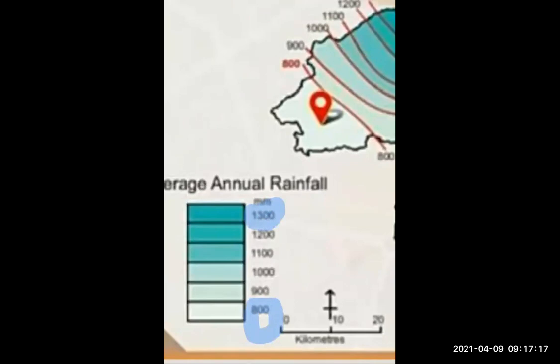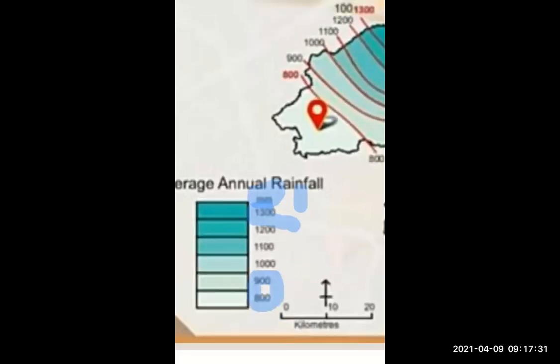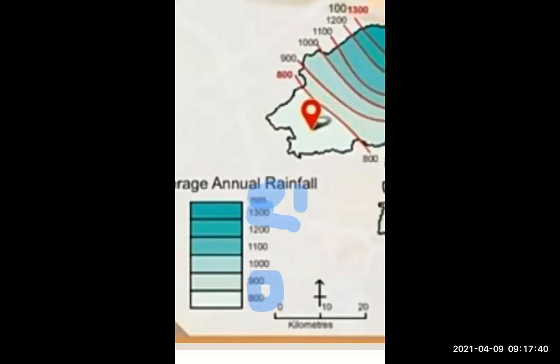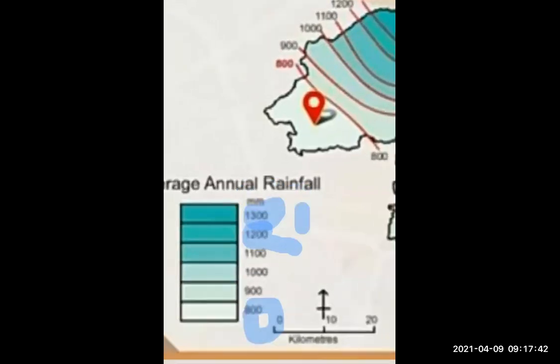If you see below 1300, there is 1200. So between 1300 and 1200, the gap is called the class interval.